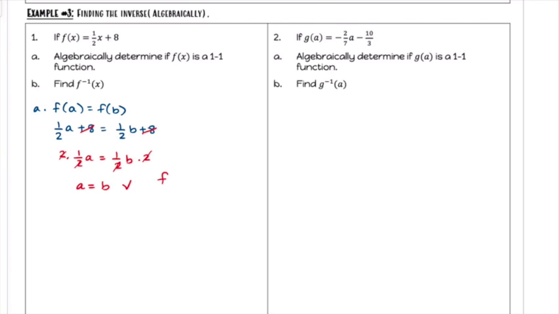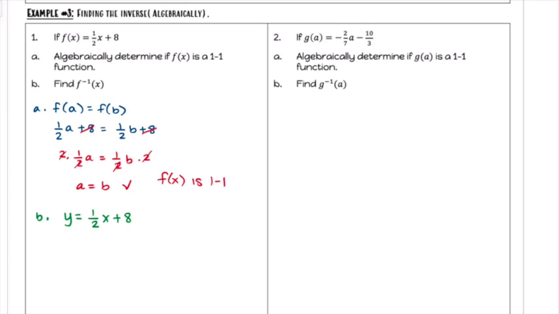All right, so we knew this already. f of x is one-to-one, but there's my algebraic proof. Part B wants us to go ahead and find the inverse. So I am going to do this algebraically. I'm going to start by writing the original function in terms of x and y.